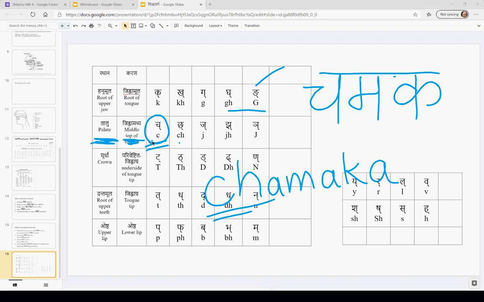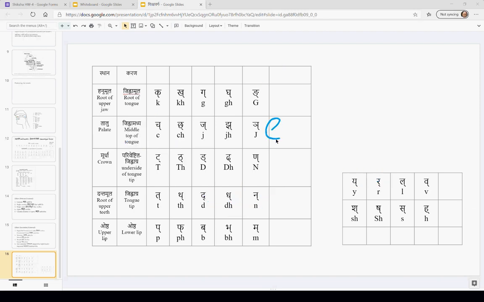Now, the difference between cha and chha. The next one is explosive. Chha. So we are adding more breath there. Example goes as, let's say, chata, or chada.